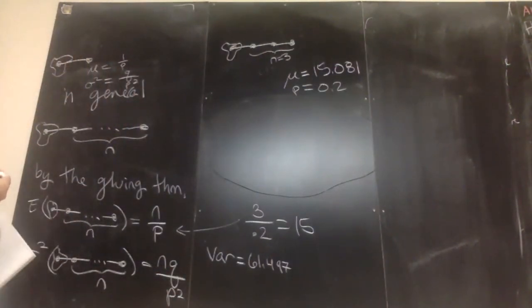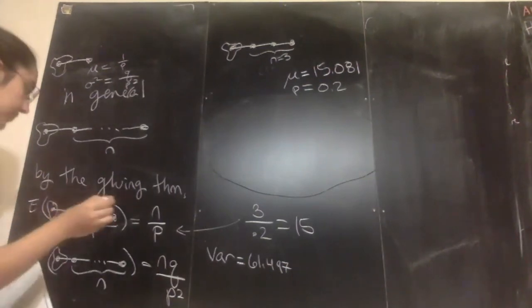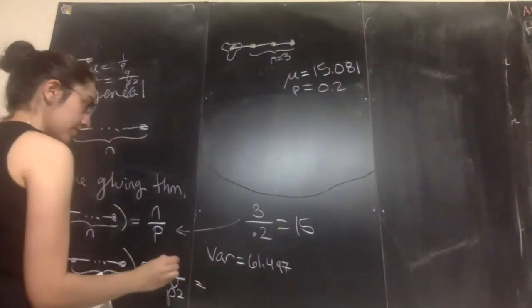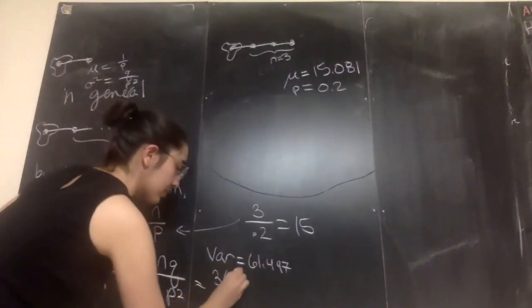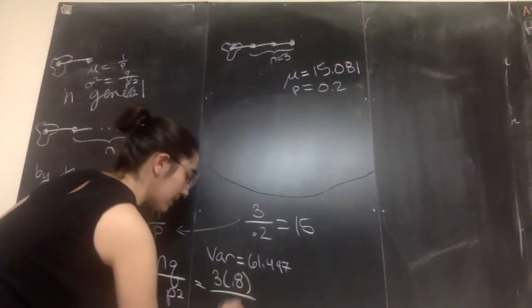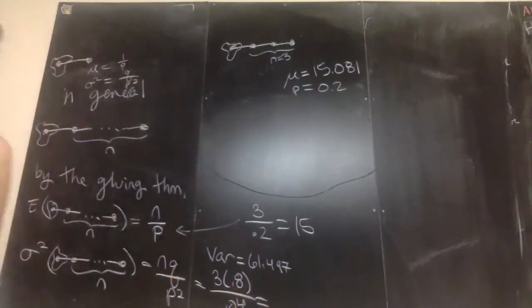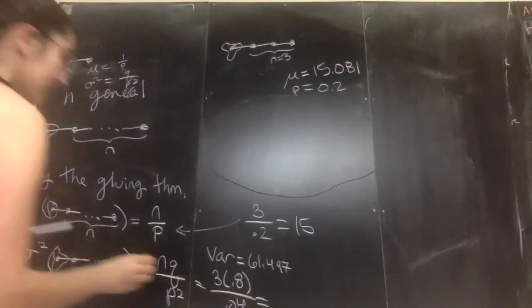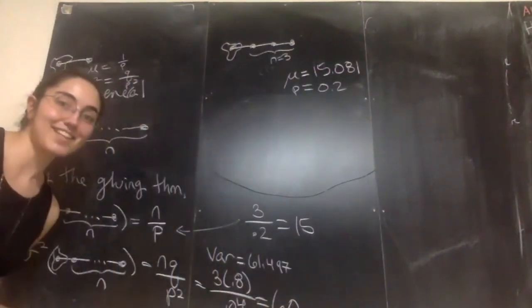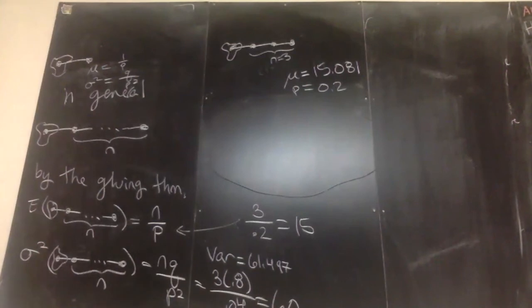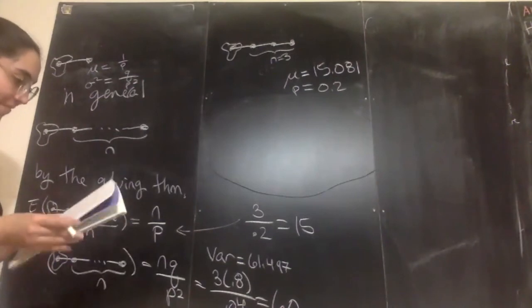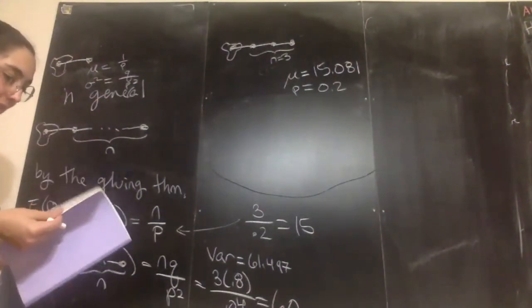And so when we plug this in, we have 3 times 0.8 over 0.04, and that is equal to 60. So that's also very close. And this is a direct result of our gluing theorem.